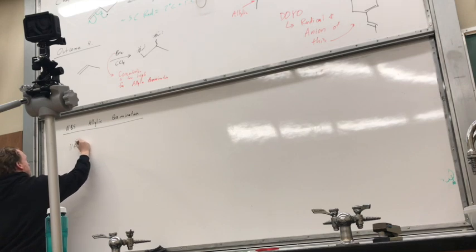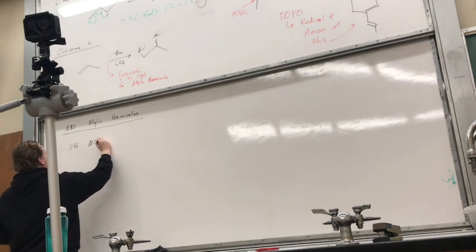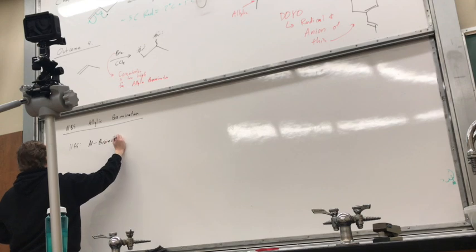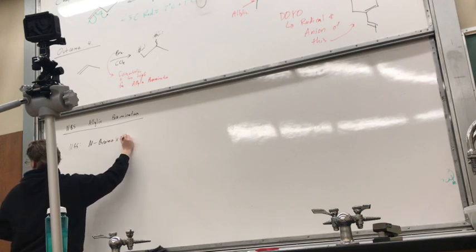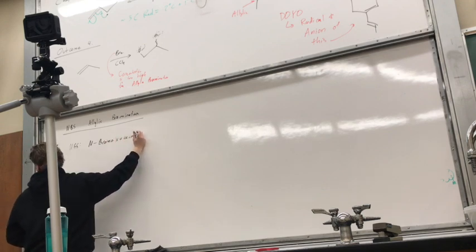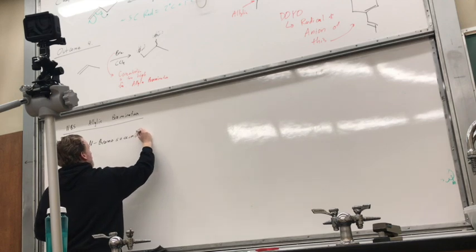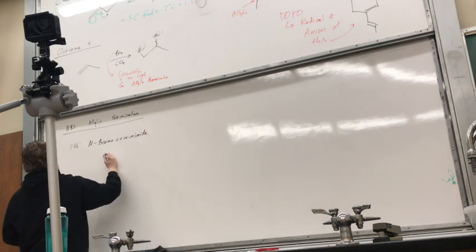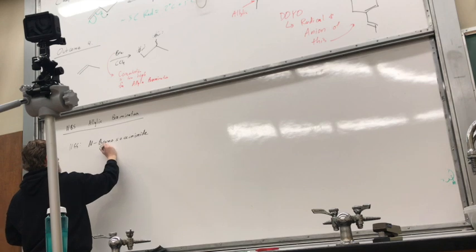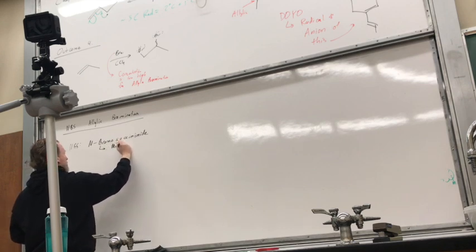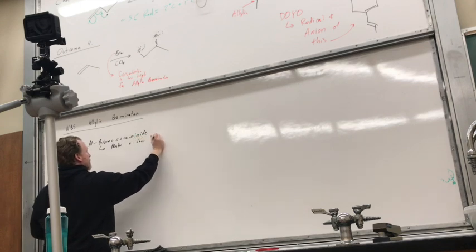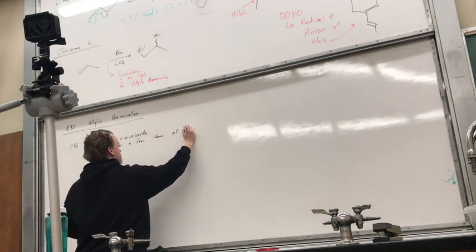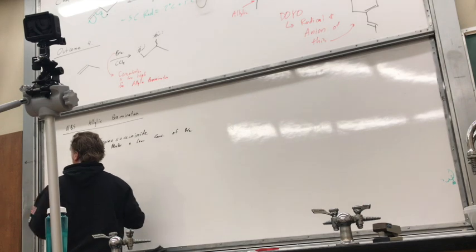NBS is N-bromosuccinimide, and it creates a low concentration of bromine. So what does it look like?